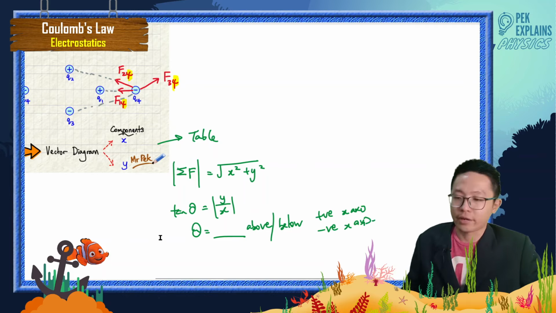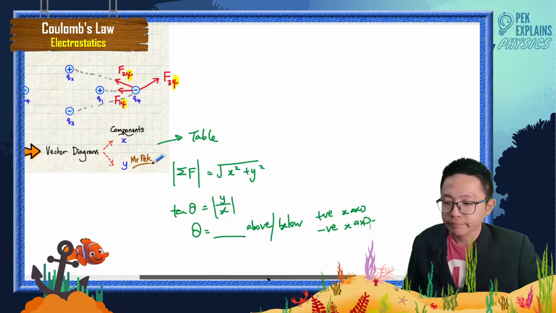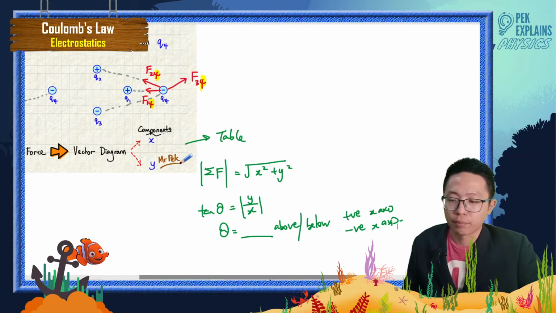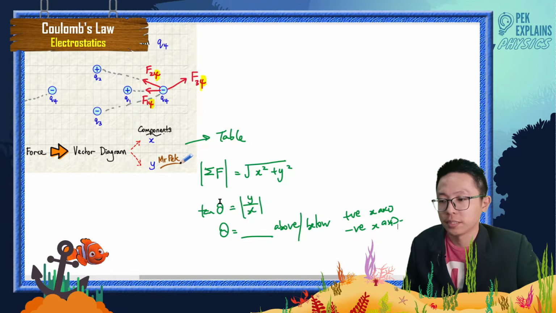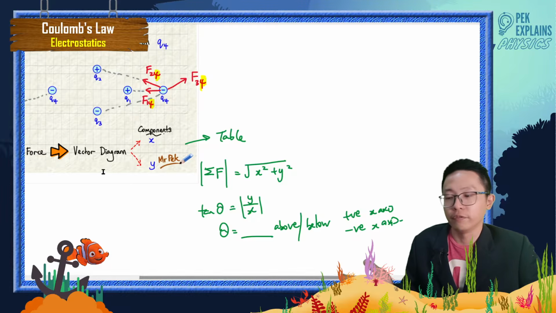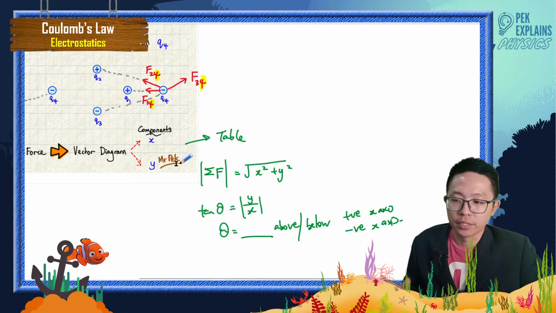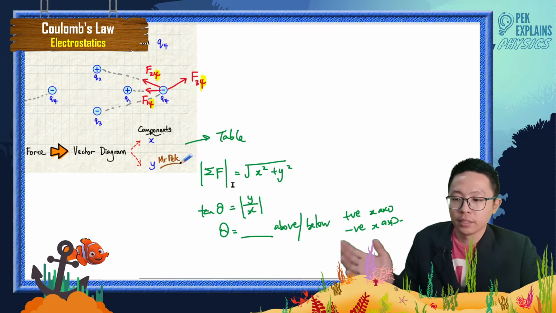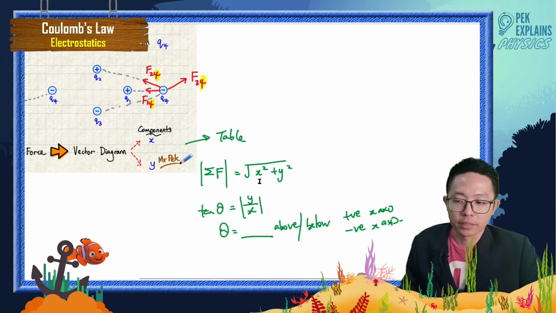I will discuss in problem solving how to find the resultant force. Draw the vector diagram, find the x and y components, and finally use Pythagoras theorem and tan theta to find the direction. We already learned all this in semester 1.